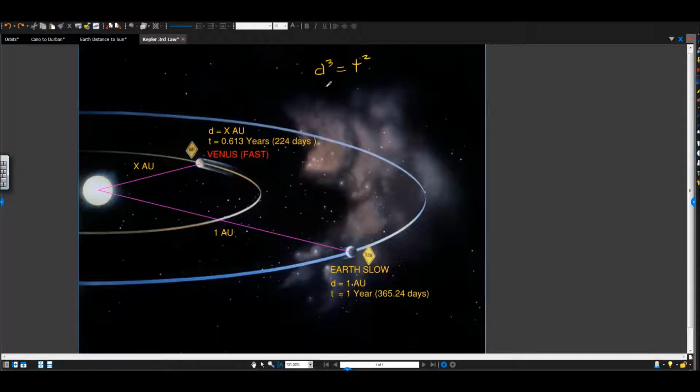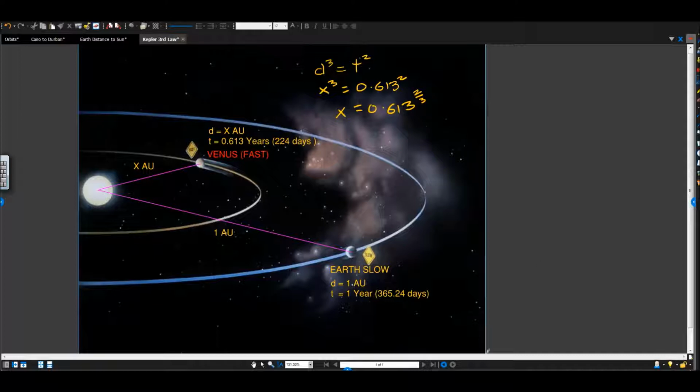So for Venus, the distance is equal to X. So X cubed equals T squared, which is 0.613 squared, right? So that means X equals 0.613 to the power of 2/3.